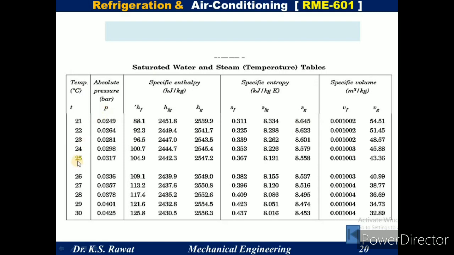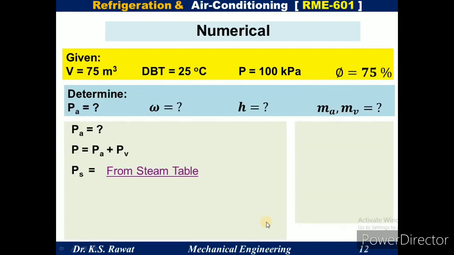Our temperature is 25 degrees centigrade, and against 25 degrees centigrade our pressure is 0.0317 bar. So this is our value. Now put this value: PS is equal to 0.0317 bar. Now convert this into kilopascal, so we will get 3.17 kilopascal.